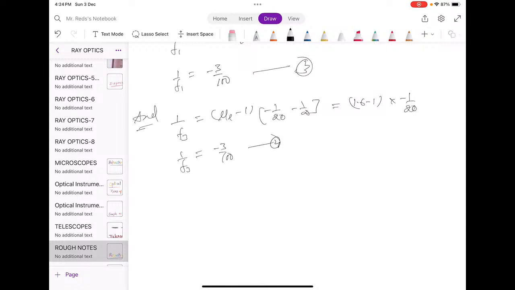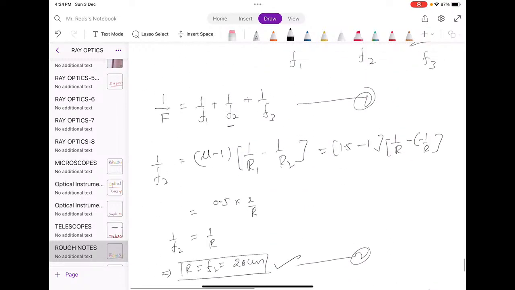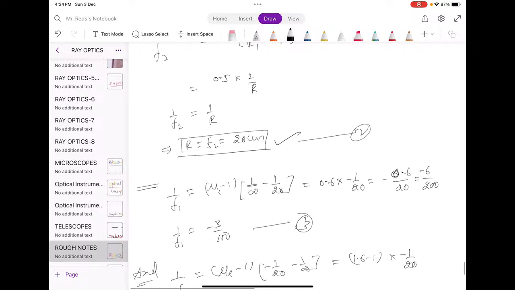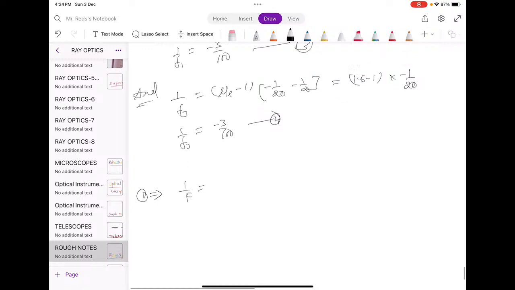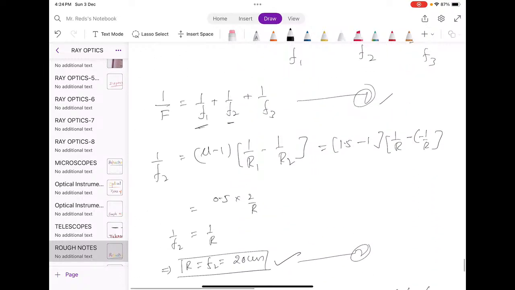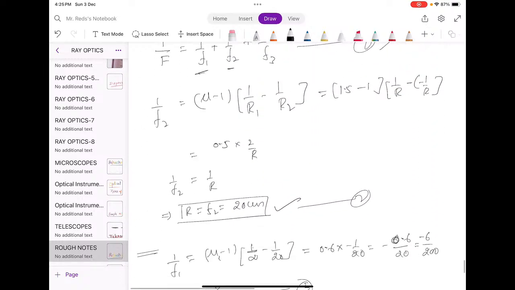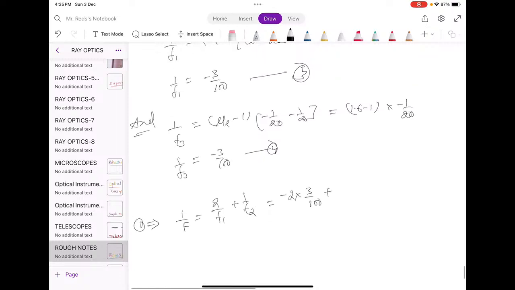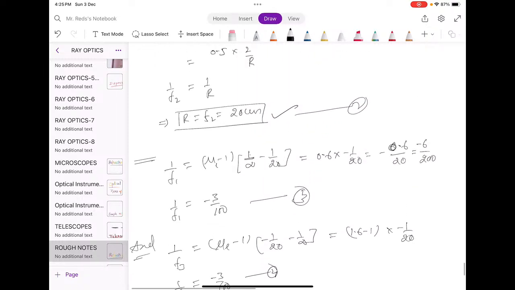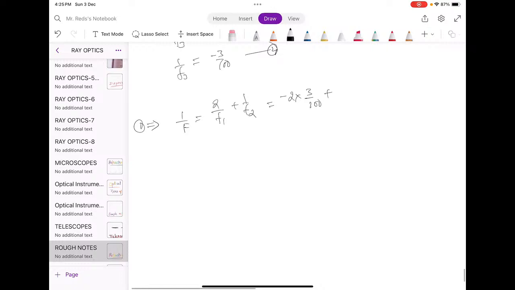So therefore equation 1 implies, what is equation 1? This one, the effective focal length of the system, that is what you're supposed to find. This implies 1 by f is equal to 1 by f1 and 1 by f3 are the same. So these two parts you can write as 2 by f1 or 2 by f3. So 2 by f1 plus 1 by f2 is equal to 2 into 1 by f1, which is minus 3 by 100, plus 1 by f2. f2 is 20, so 1 by 20.